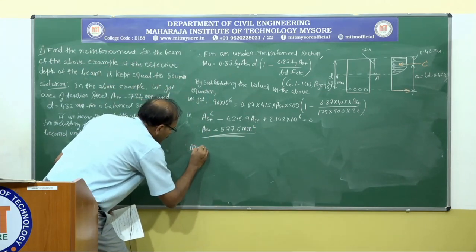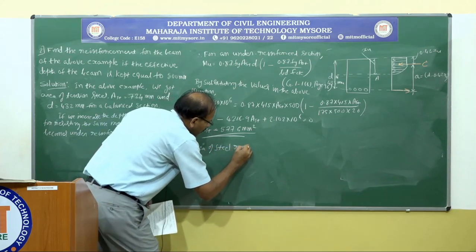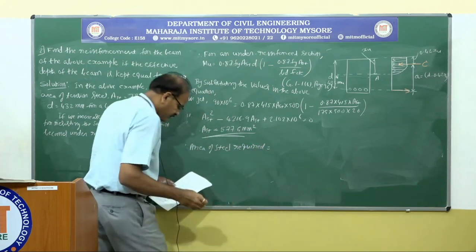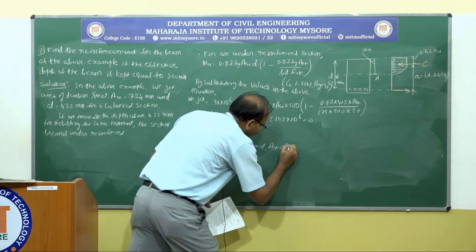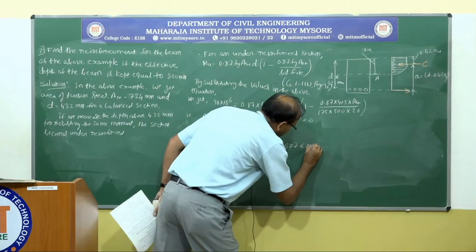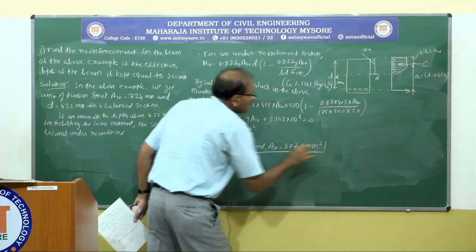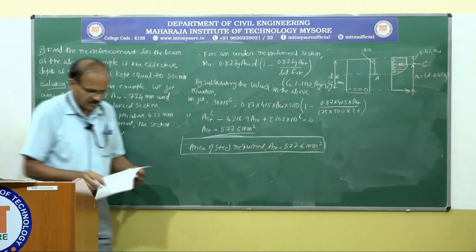Therefore, area of steel required, AST, equals 577.6 millimeter square. Look at the value.